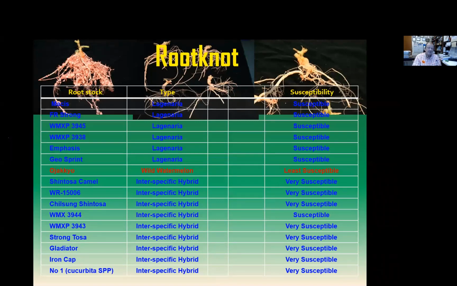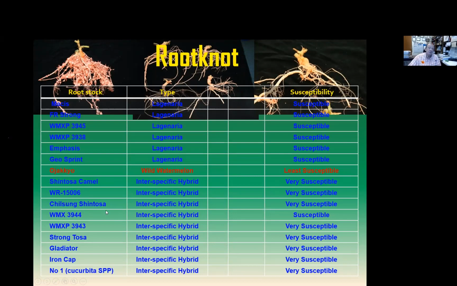There's basically 3 types of rootstocks that are used in cucurbit grafting. There's the lagenaria, which is a bottle gourd rootstock. There is a wild watermelon, or a wild melon for cantaloupes, that you can use. And then there's the interspecific hybrid squash rootstock that I'm showing you right here. That is very important that you understand.